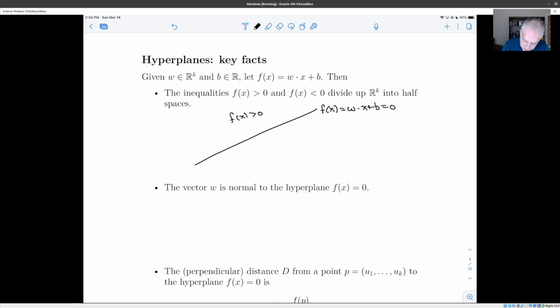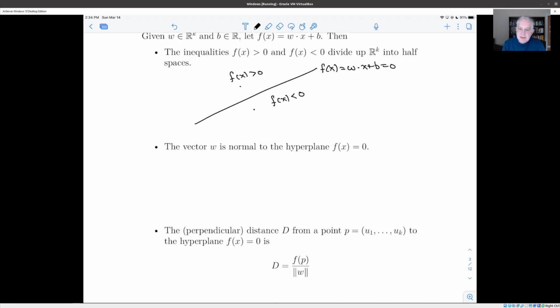There's the region where the function is 0, which is the hyperplane itself. And then there's the region where the function is negative. And these two big regions are called half spaces for obvious reasons. And so our hope is to get the plus points in one half space and the minus points in the other half space.